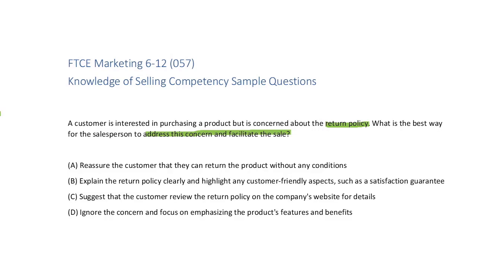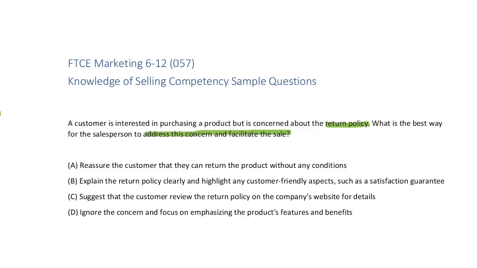Well, to address concerns about their return policy, the salesperson should clearly explain the policy and highlight any customer-friendly aspects, such as a satisfaction guarantee. This helps build trust and confidence in the purchase decision, making the customer feel more comfortable about proceeding with the purchase. Telling a customer they can return a product without conditions may not be completely accurate and can be seen as misleading.